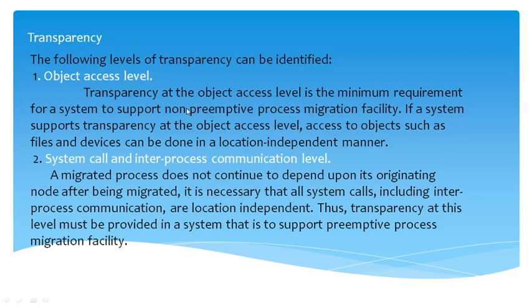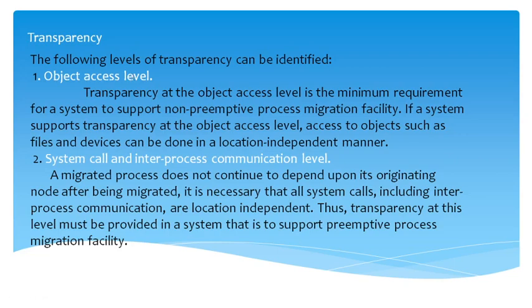This type of transparency is a minimum requirement for a system to support a non-preemptive migration facility. If we want a non-preemptive process migration facility, this feature must be there in the system.